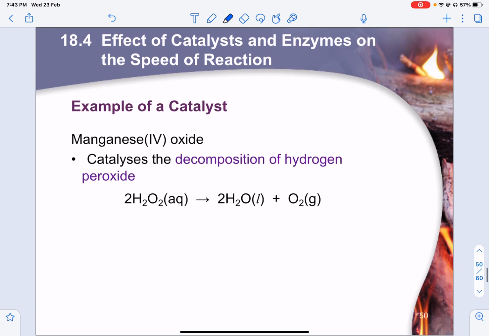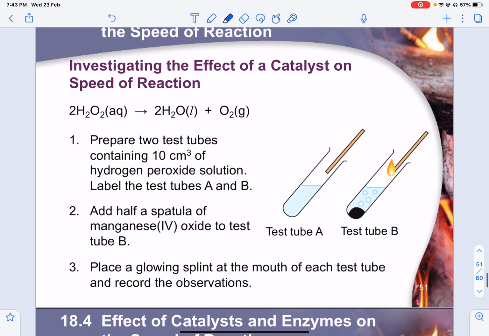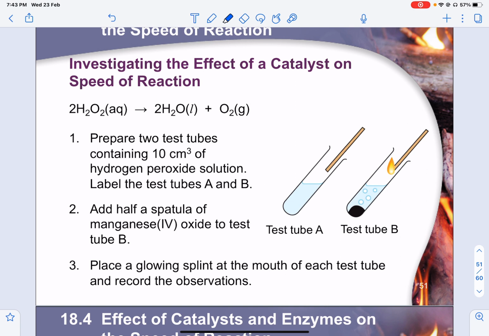One example is manganese(IV) oxide, which catalyzes the decomposition of hydrogen peroxide. What we can do is prepare two test tubes with the same volume of hydrogen peroxide, and add a spatula of manganese(IV) oxide to one of them.